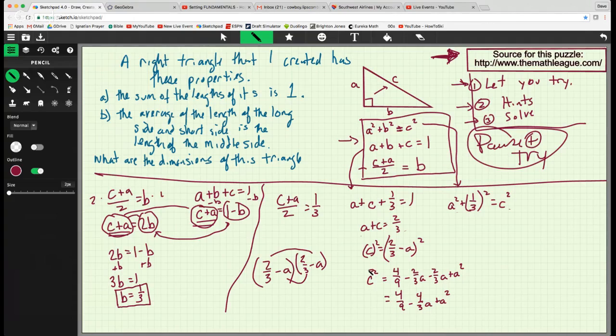So now if C squared is equal to this, I can substitute it here. And so we can say A squared plus 1/9 equals 4/9 minus 4/3 A plus A squared. Wow, this is going to start to work out really nice.